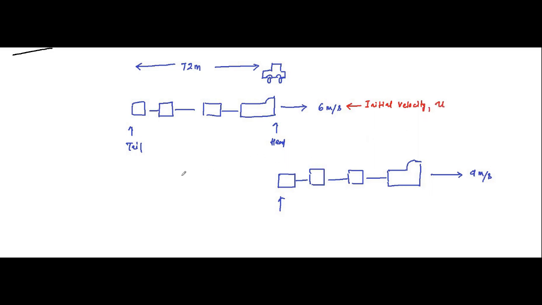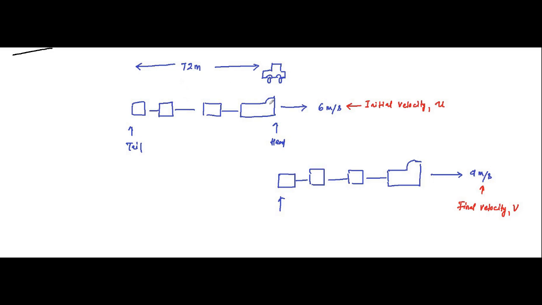And when the entire length of the train has completely passed the car and the tail end is there, at that time the velocity is the final velocity v.